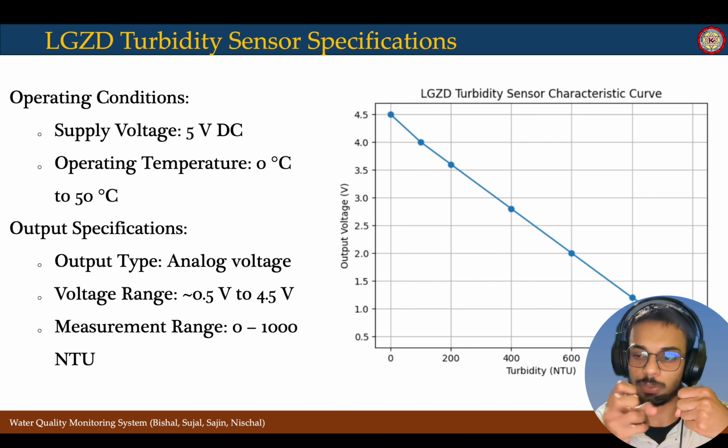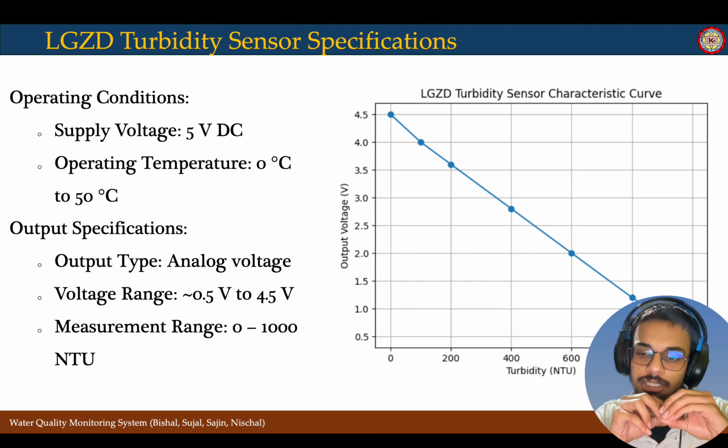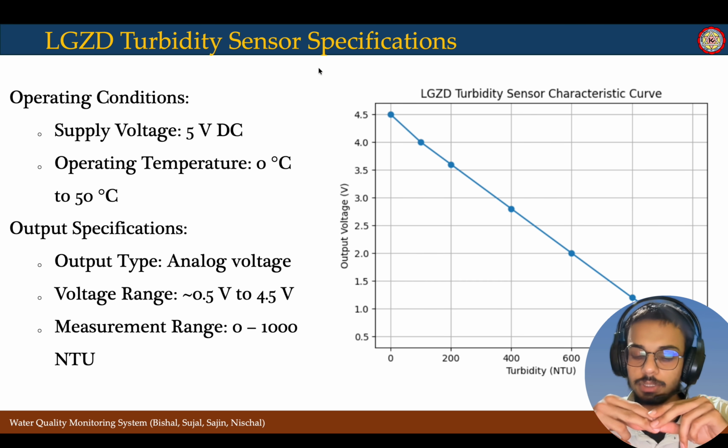If there is dirty water in between, then there will be light scattering and absorption of the light, which will cause less light to reach the other side, that is the photodiode or phototransistor, which will cause less voltage from the sensor.